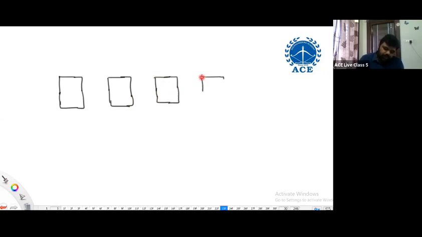In these registers, what we have done till now is in a shift register.